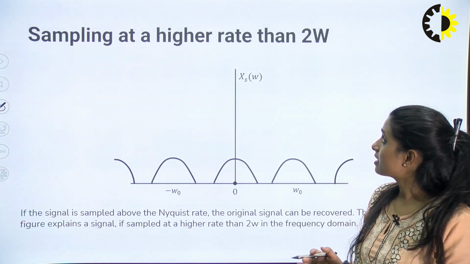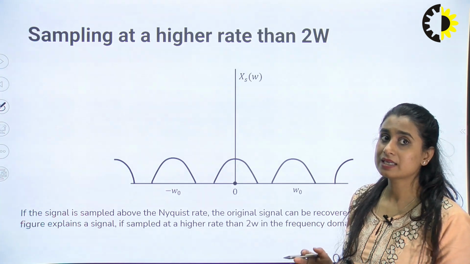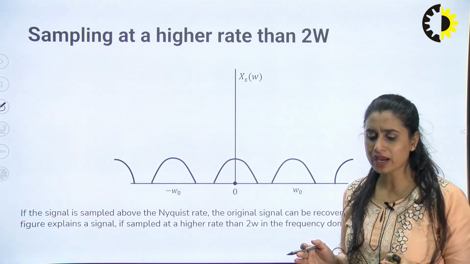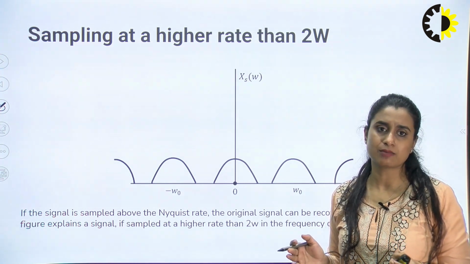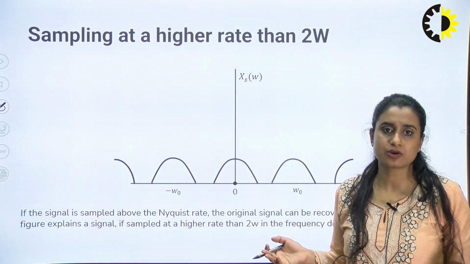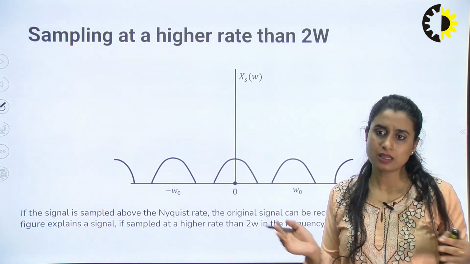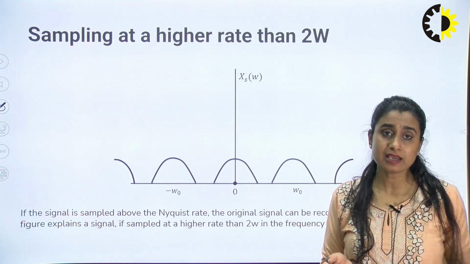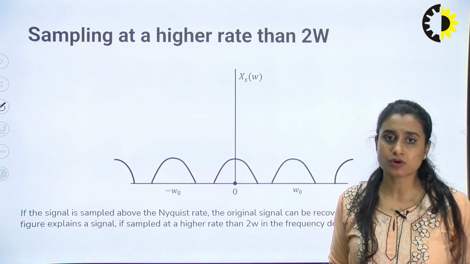If I sample it at a rate higher than 2W, the question is, why do we have to strictly follow the sampling theorem? What if I sample at a rate lower than the Nyquist rate? If I keep Fs less than 2W, what will happen?